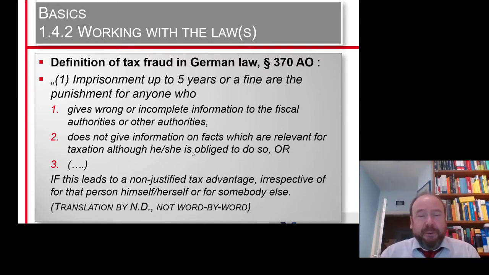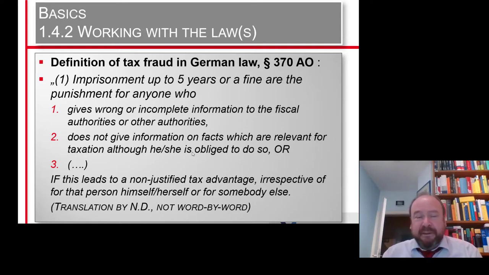They threaten you with imprisonment up to 5 years or a punishment payment, a fine, if you did the following thing: if you gave wrong or incomplete information to the fiscal authorities, in cases where you had to give information, where you have hidden information, and this then entailed a non-justified tax advantage.